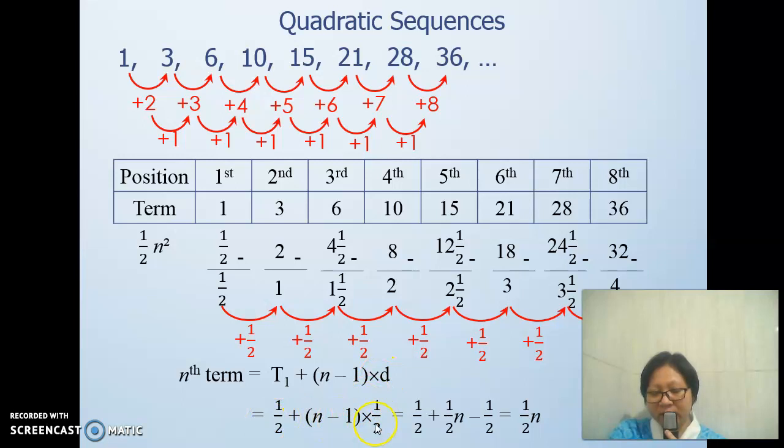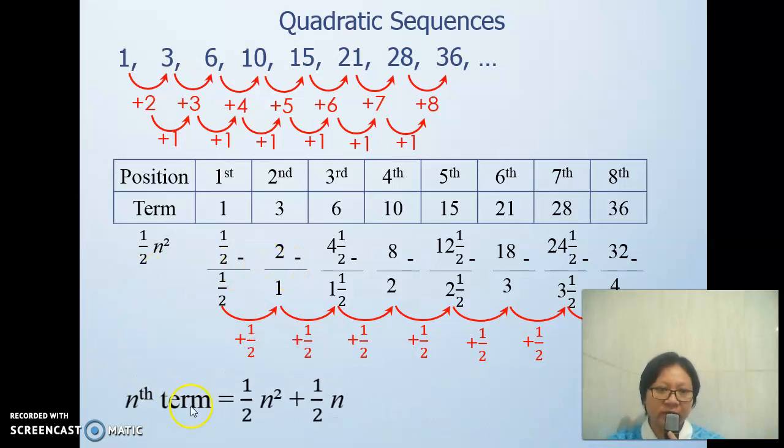Like this, and then we simplify. The final answer for this sequence is half n. So we need to put this together. So the nth term formula for these triangle numbers is half n squared plus half n.